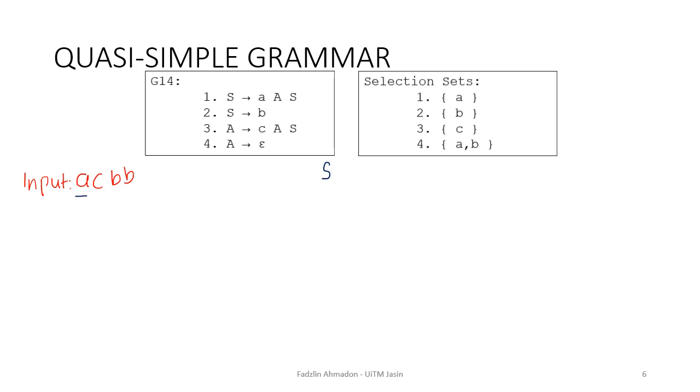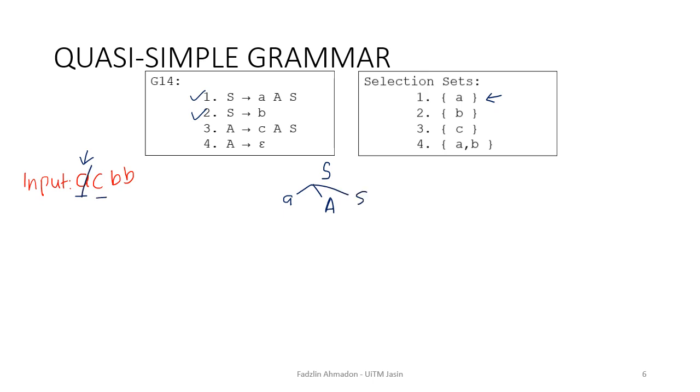The current input is A. There are two rules derived from non-terminal S, rule 1 and 2. Because we want to draw A, we choose the rule that has A in the selection set, and that is rule 1. So I'm going to apply rule 1 over here: A, S. So we are done with A.